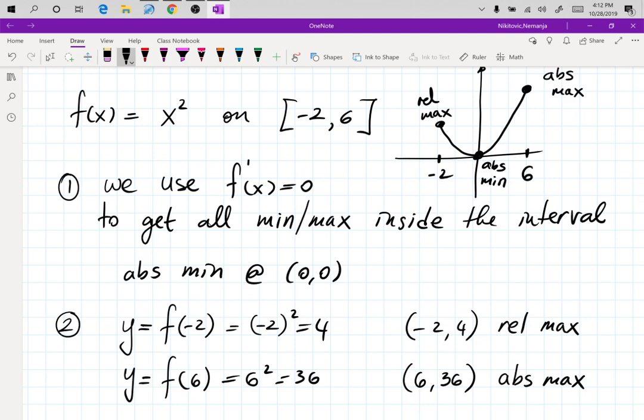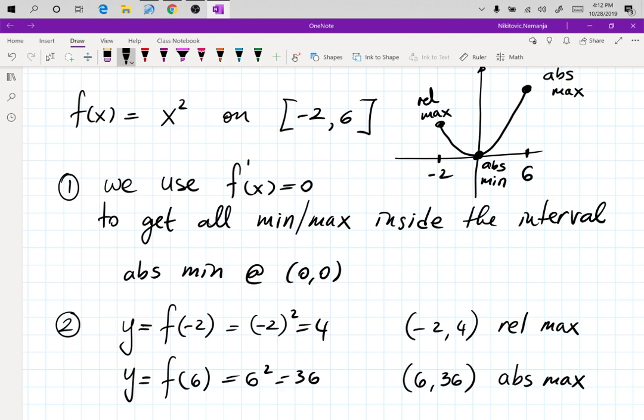But for all of the problems on a finite domain, where the domain is chopped up, you will have to use what you know in the middle to find the values, and then use the endpoints and find the y values for those, because those could be min and max.